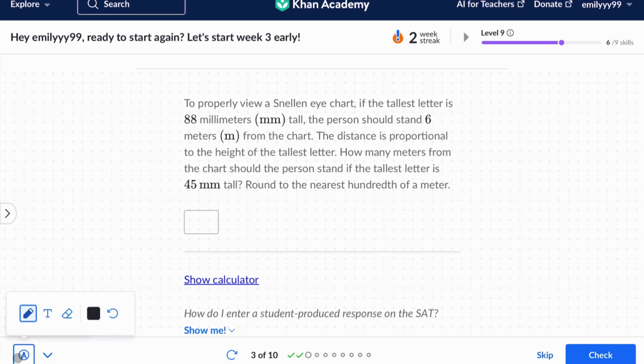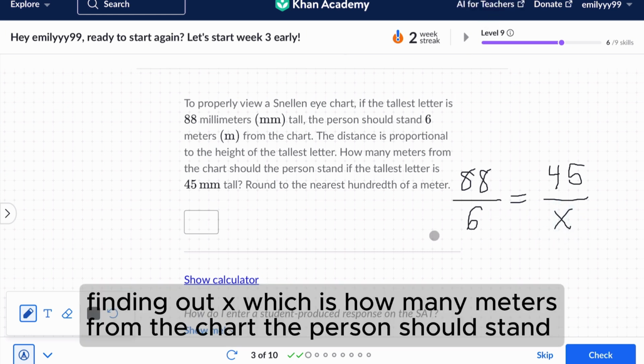So basically, it's just proportions. The tallest letter is 88 here, and the person should stand 6 meters away from the chart. So we can make that equal to 45 millimeters as how tall the tallest letter is, and then we can use these two fractions to find out how many meters away the person should stand.